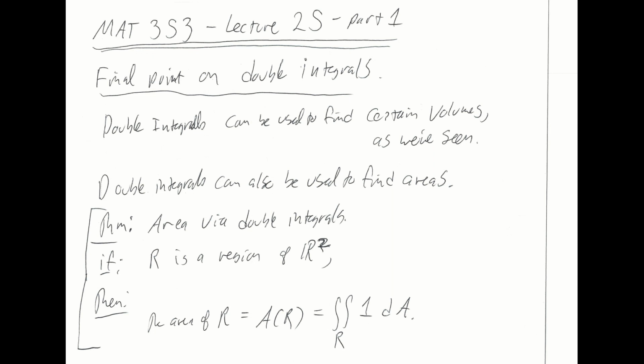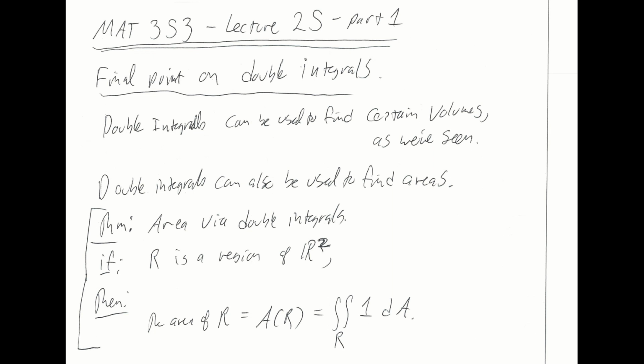So we'll begin with the theorem, area via double integrals. If R is a region of the plane, then the area of R, which we could designate as capital A of R, is given by the double integral of the constant integrand 1 taken across the region R. So to find the area of a region using double integrals, you integrate across that region and you take your integrand to be the constant function 1.